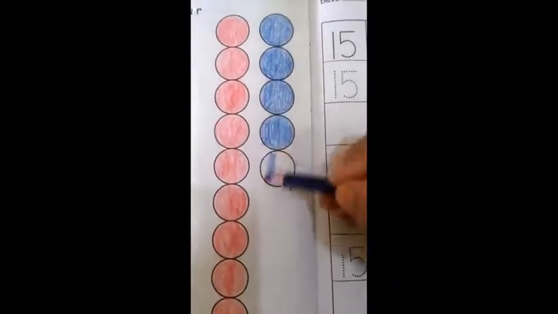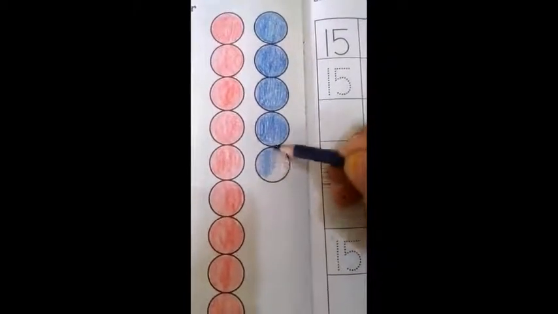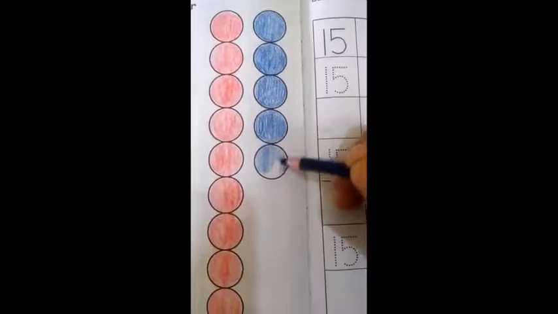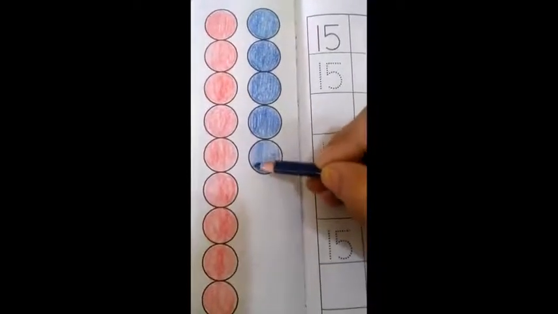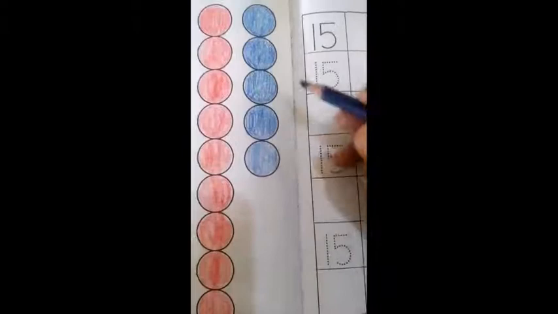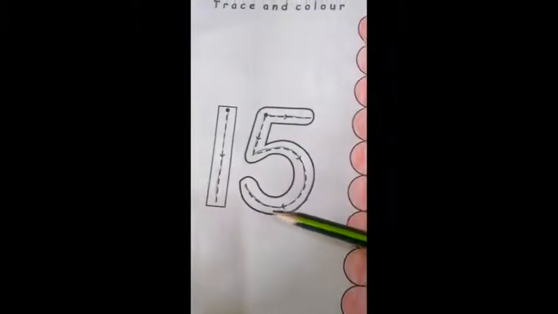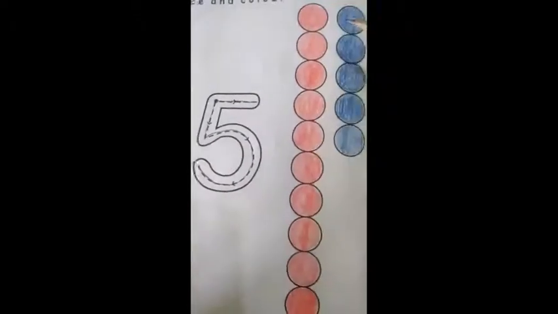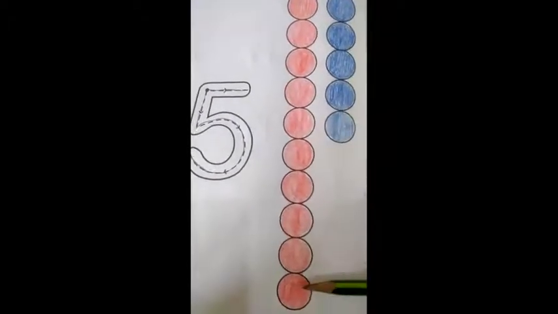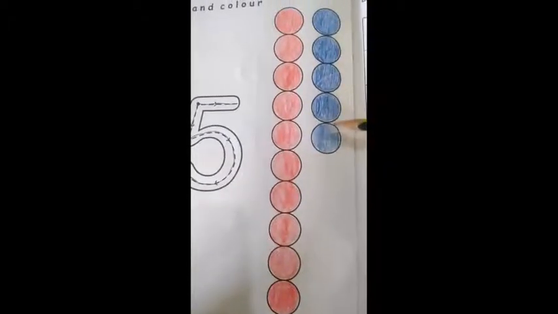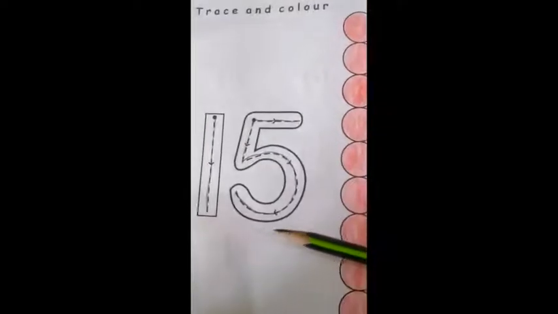Do like this, up and down, up and down. We have colored in unit bar. 1 ten and 5 units make 15. Once again, 1 ten and 5 units make 15.